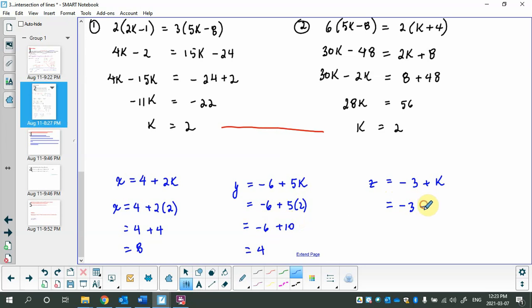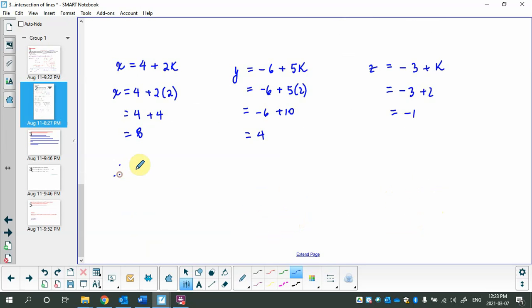And this one's pretty easy. So that means these two lines meet at the point, round bracket, 8, 4, negative 1.